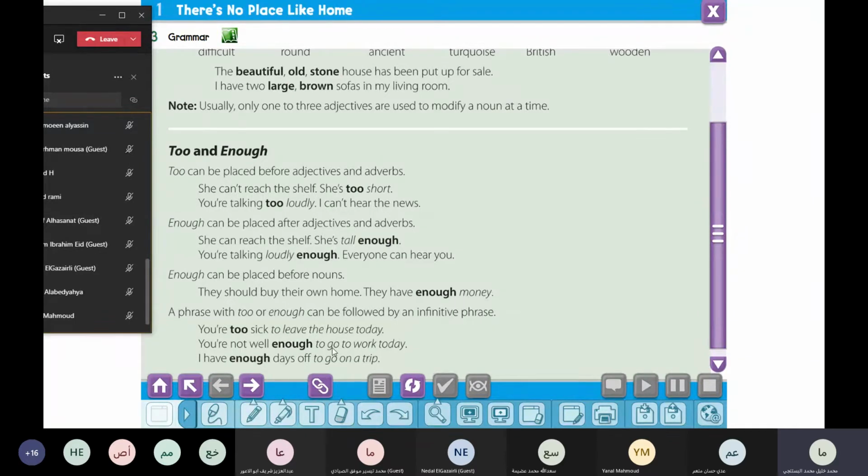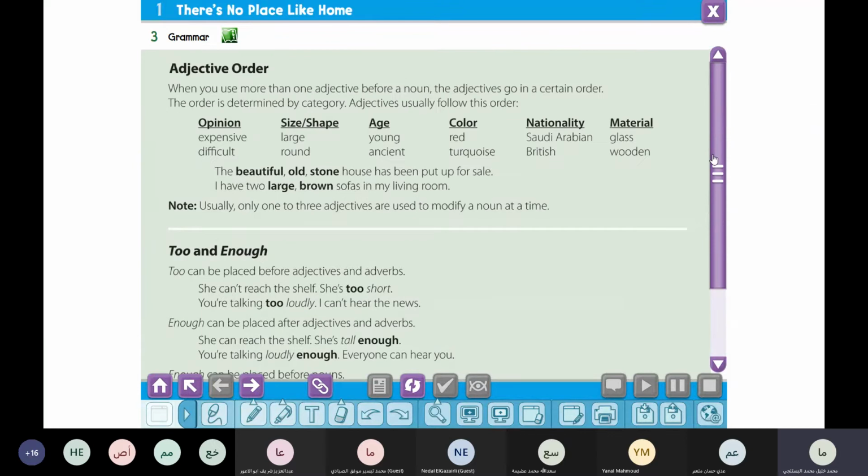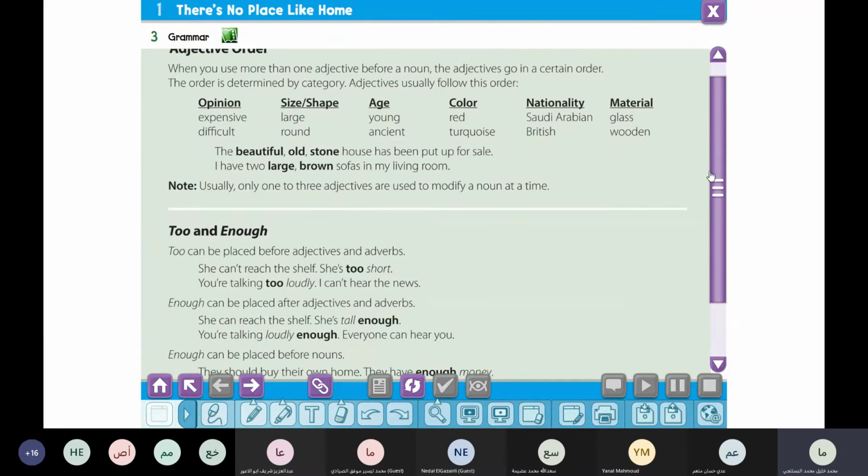You are too sick to leave the house today. You are not well enough to go to work today. I have enough days off to go on a trip. Good, thank you very much. So again, here we talked about two points. The first one is about the adjective order. We have to order the adjectives if we have more than one adjective before the nouns.